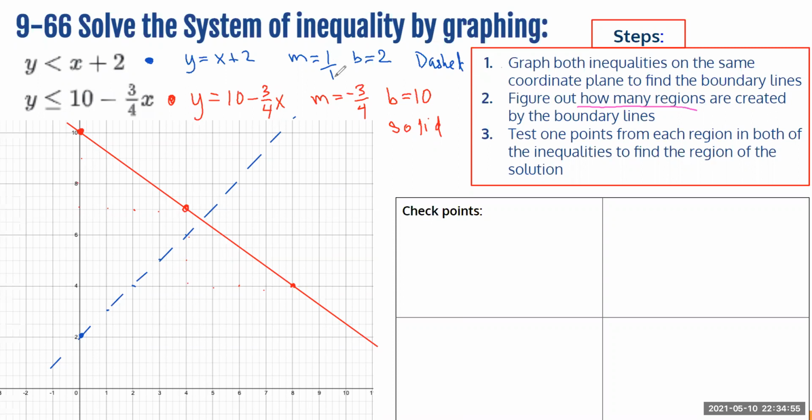And 2 lines crossing each other like this would give us 4 sections, right? There's a section here, there's a section here, there's a section here, and there's a section here. And what we want to do is test a point from each of these sections in both of our inequalities. And if the point works in both our inequalities, then that tells us which of these 4 sections is our solution.